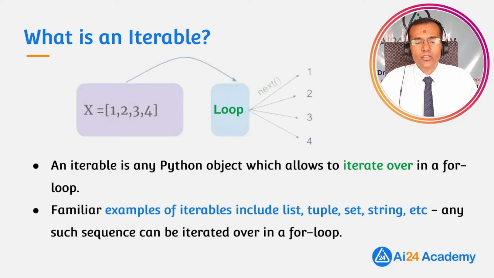So the definition of iterable is something like this: an iterable is a Python object which allows to iterate over in a for loop, and familiar examples of iterable include list, tuple, set, string, etc. So any such sequence like this one can be iterated over in a for loop.